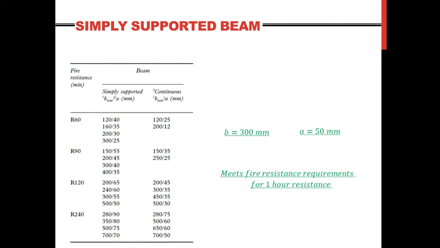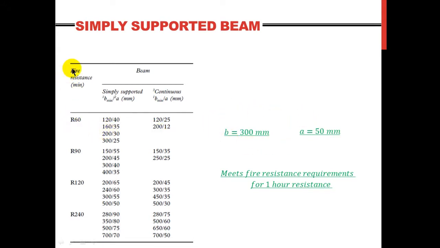This is the fire resistance. If it's required for you to check the fire resistance of your beam, I have to check this table. It's given as well by the Eurocode, and you only need the b and a. This is the effective cover to the tension reinforcement that we already have determined, and this is our b. Let's check it.